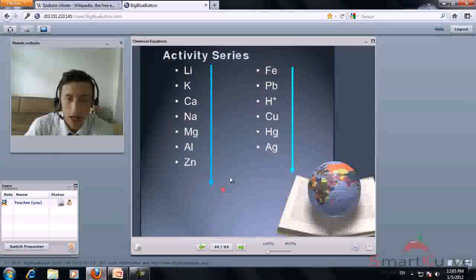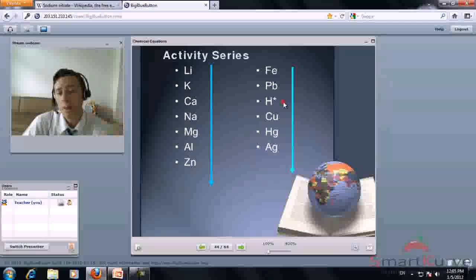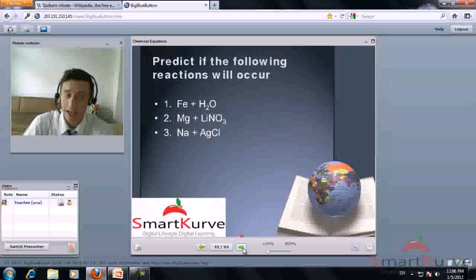Notice the iron is right here. The hydrogen is 2 spots below iron. That means that iron is more reactive than hydrogen. So the answer is yes. Iron will replace hydrogen. We'll get the compound iron oxide, which is rust.